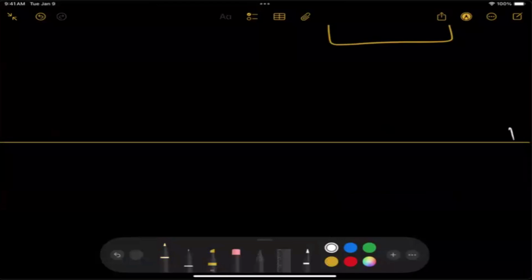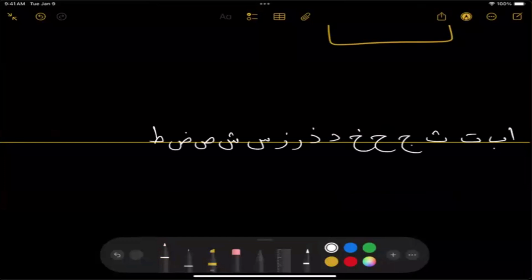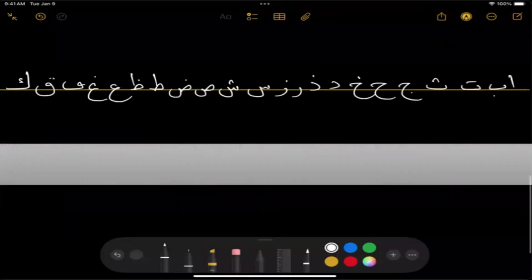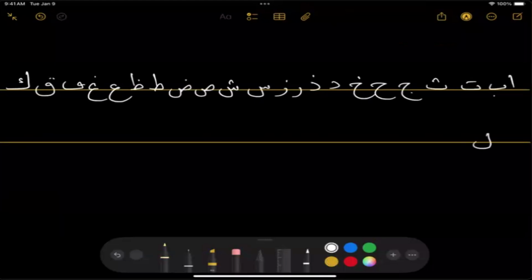So we have alif, ba, ta, tha, jim, ha, kha, dal, dhal, ra, zay, sin, shin, sad, dad, ta, za, ain, ghain, fa, qaf, kaf, lam, meem, noon, ha, waw, ya.